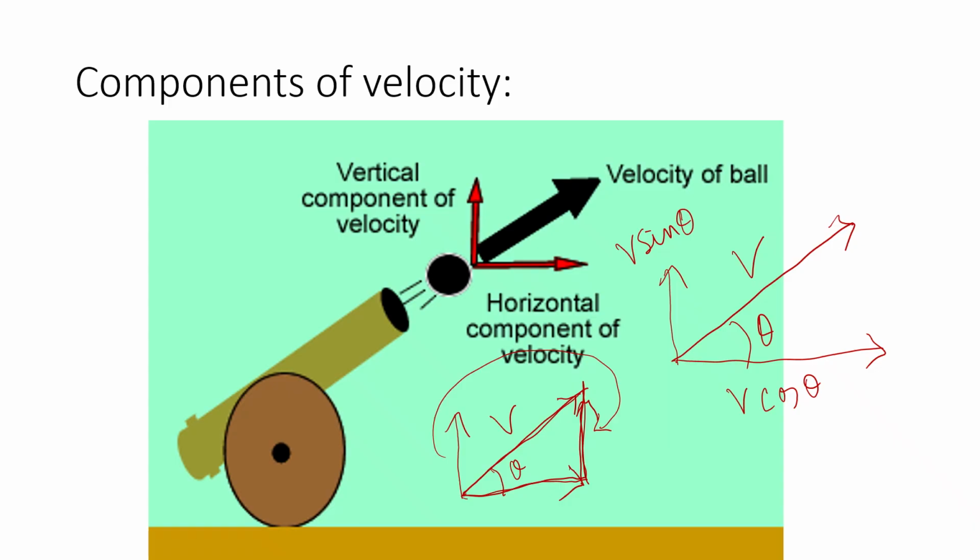So then we can say that the base of this right angle triangle would be v cosine theta, and the height of the triangle is going to be v sine theta. And that's how we are getting these two formulas: v cosine theta would help us determine the horizontal component of the velocity, and v sine theta would be the vertical component of the velocity.